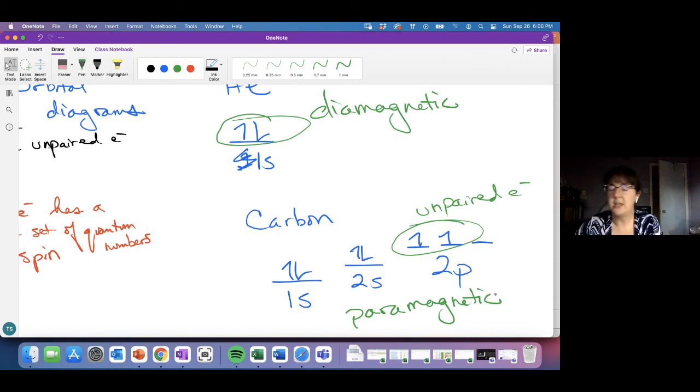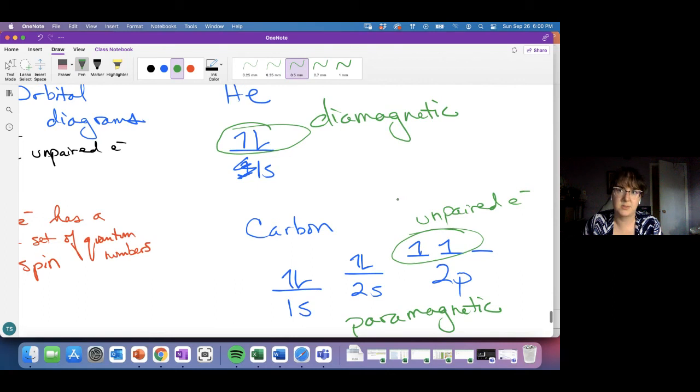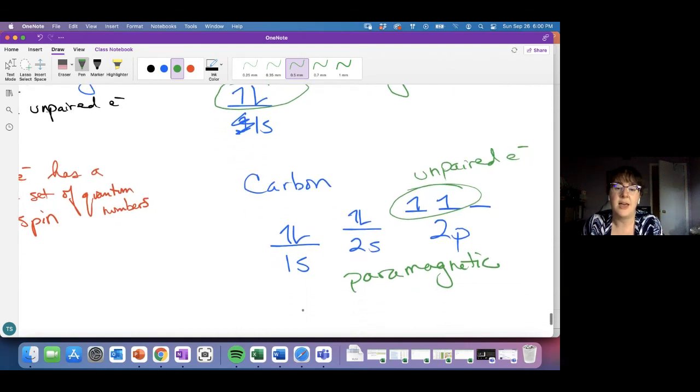So when we're asking for diamagnetic and paramagnetic, oftentimes we will give you a set of elements and just ask you which of the following are diamagnetic or which of the following are paramagnetic. And then that's again where you would be going back to neutral ground state atoms.